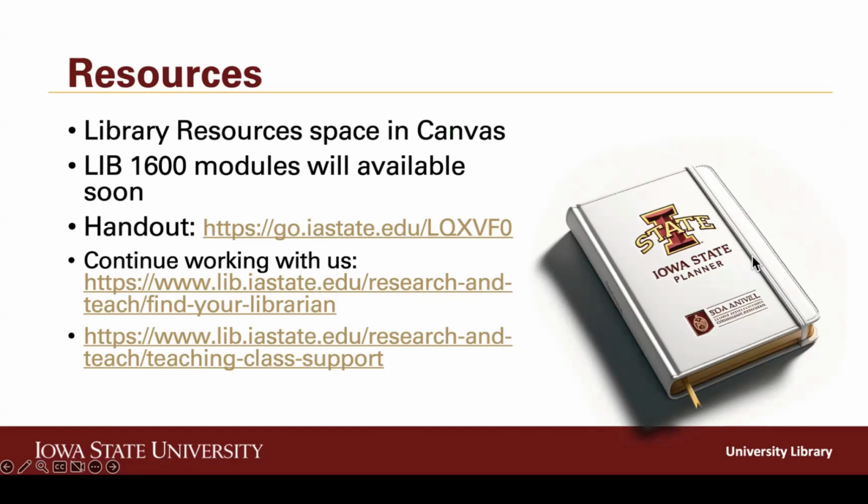Students can make appointments with subject librarians through that page, and we have chat embedded into that page too. Basically, if you enable that, that page will be tailored to your subject area, and students will have direct access to those resources through Canvas.